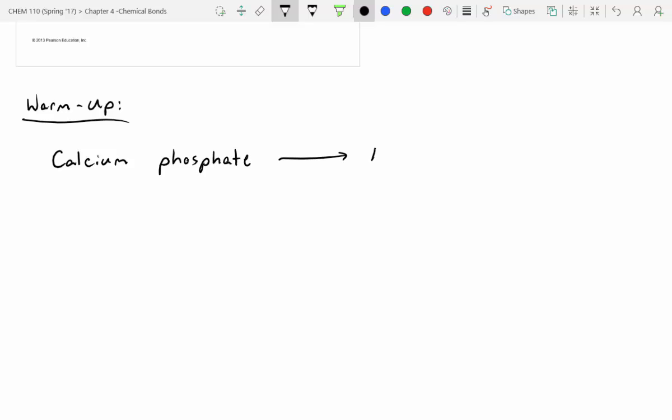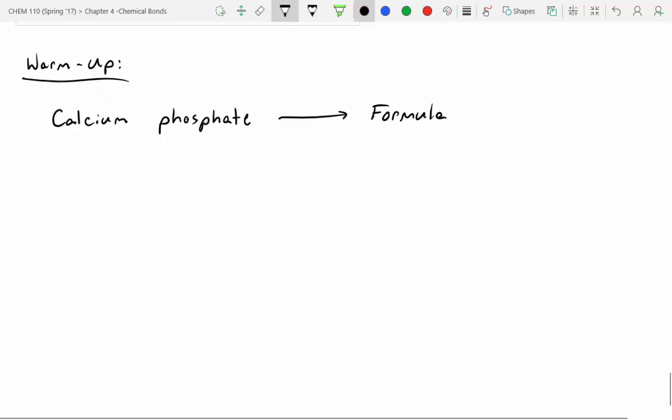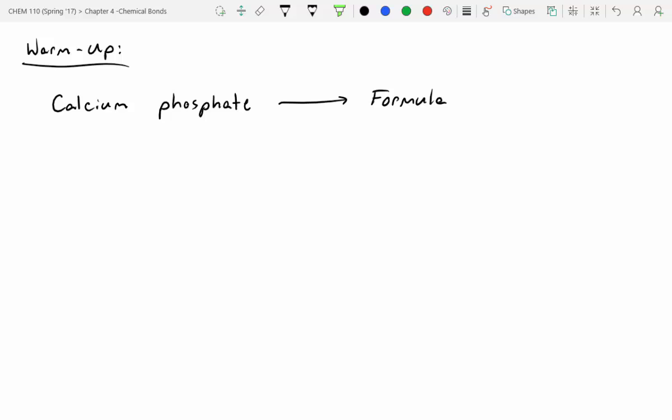And I want you guys to give me the formula. So do you think this is going to be ionic or covalent, first of all? What do you guys think? Ionic? Why is it ionic? It's got the metal, right? First thing you always look for is that it has a metal.